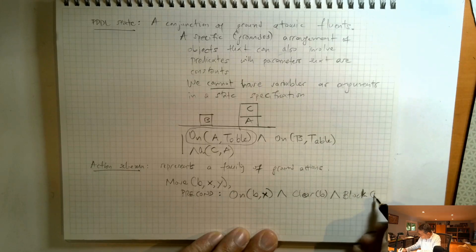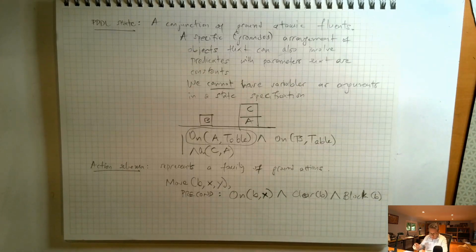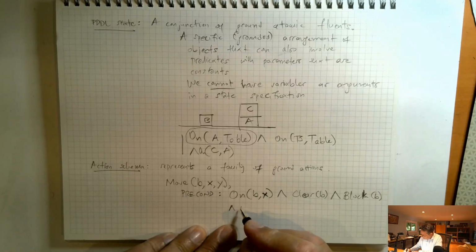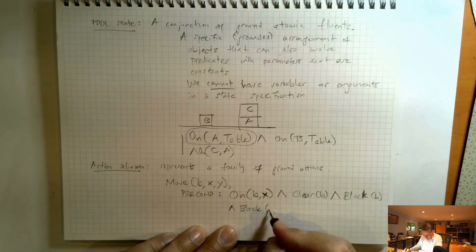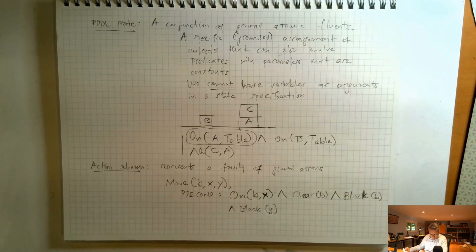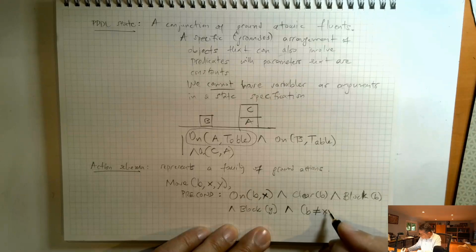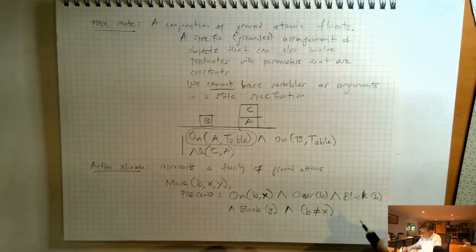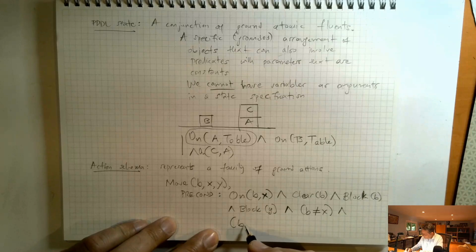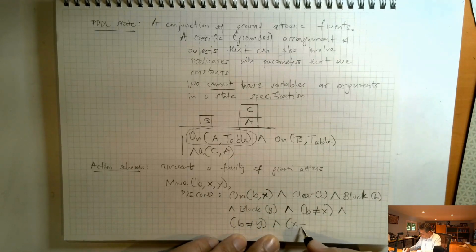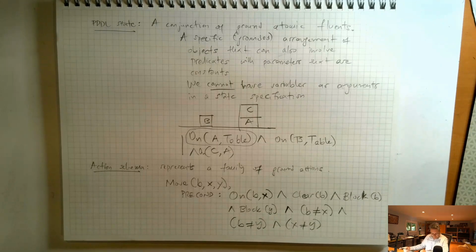Maybe this is what we should have written first, now that I'm thinking about it. We also have y to be a block. And another condition is that b is not equal to x. Another that b is not equal to y. And another that x and y are different.